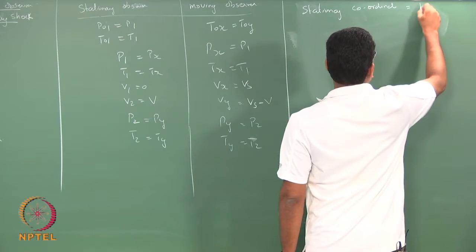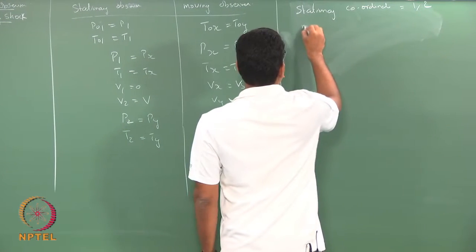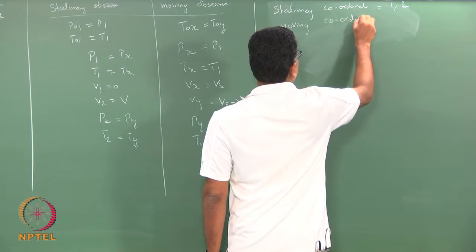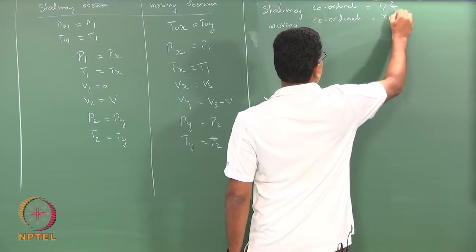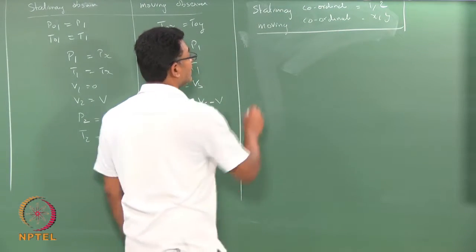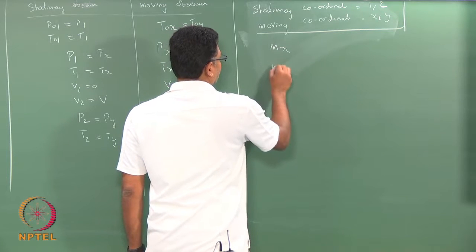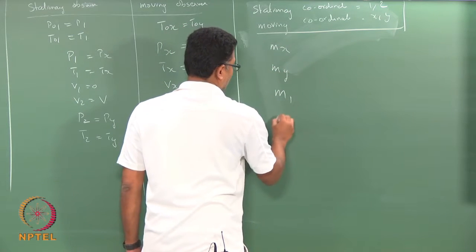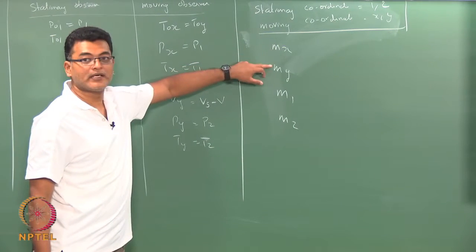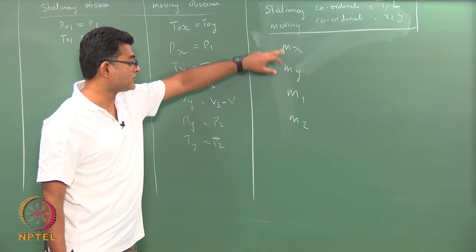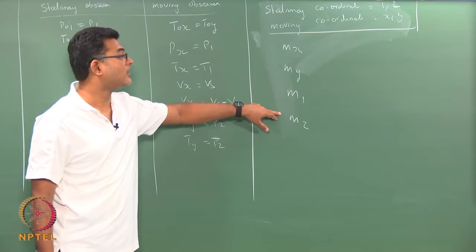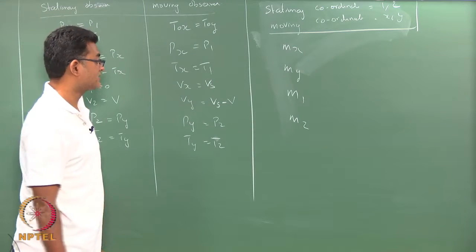Stationary coordinates is 1 and 2. Moving coordinates is x and y. So, we keep this notation which defines new quantities. Mach number xy before and Mach number across the shock in a moving coordinate system, and Mach number across the shock in a stationary coordinate system.